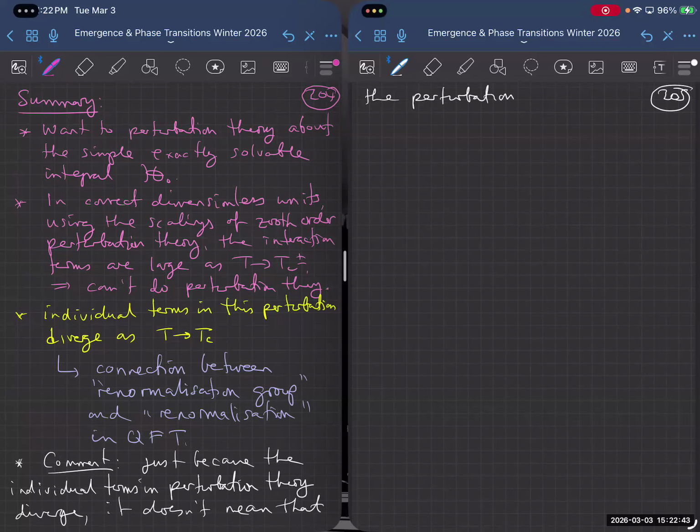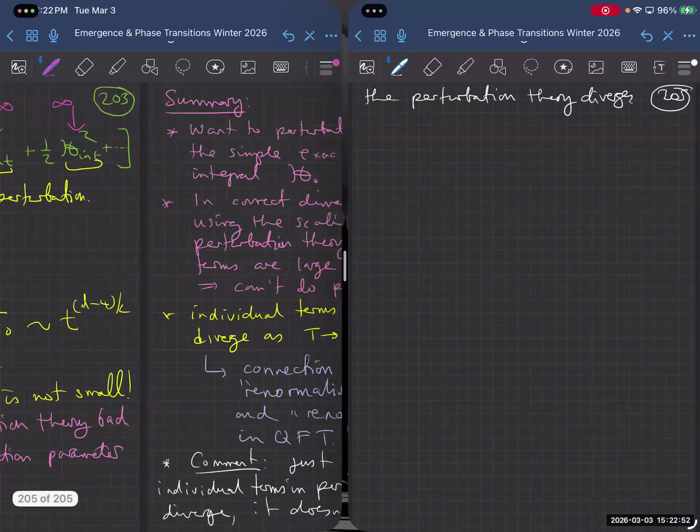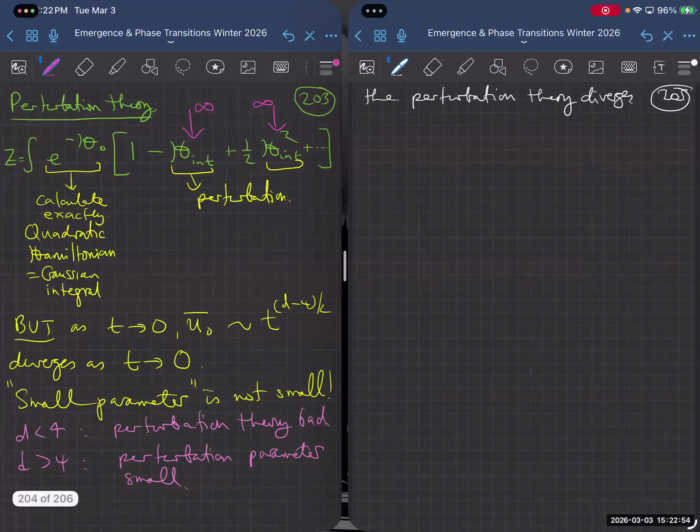Let me explain what I mean. When I talk about perturbation theory, I mean this formula here on the left-hand panel, summed to all orders. Just because the individual terms diverge doesn't mean that when I sum them, I get something that is divergent. Let me give you an example.